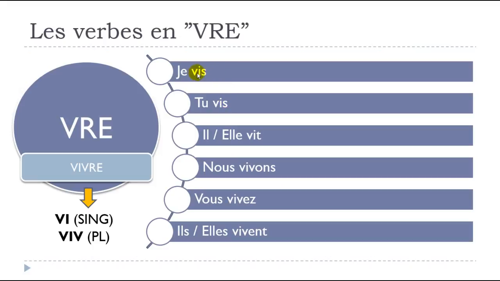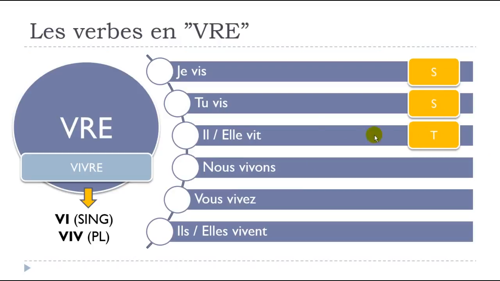If you have this clearly in mind that we've got two stems, the first one for the singular is vi plus the endings, and for the plural it will be viv plus the endings, then you will master this verb and the other verbs that will be conjugated like it. So let's see now the endings. Remember, for je it's s, for tu s, and for il t.